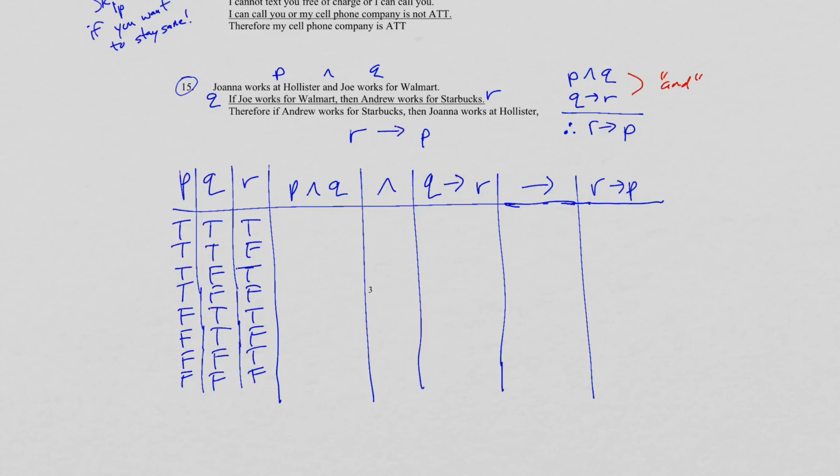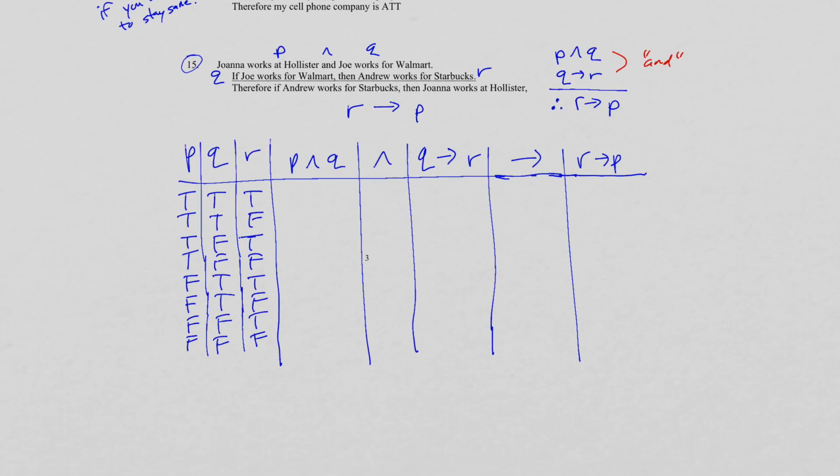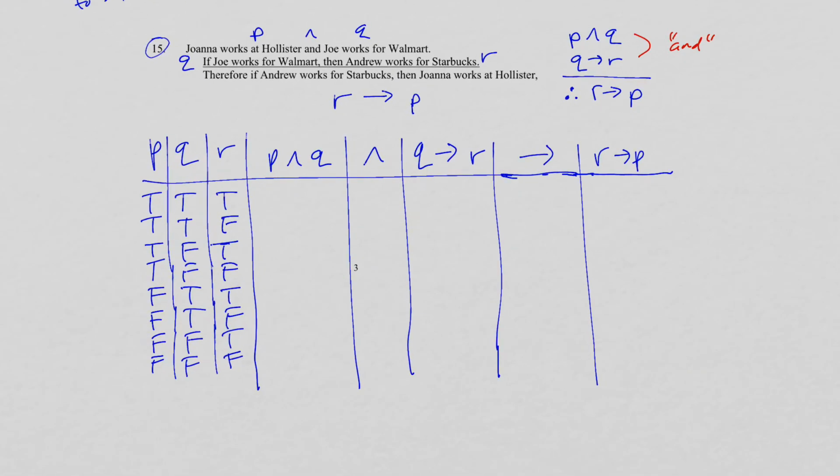So unfortunately, we have to break this up like this and try to get this done without causing too much headache here. So, all right. So we're going to look at if P and Q. That's the first 2 columns. So looking for 2 truths. So we have a true here. And, oh wait, I'm looking at the wrong one. Okay, so true, these 2 are true and the rest are false.